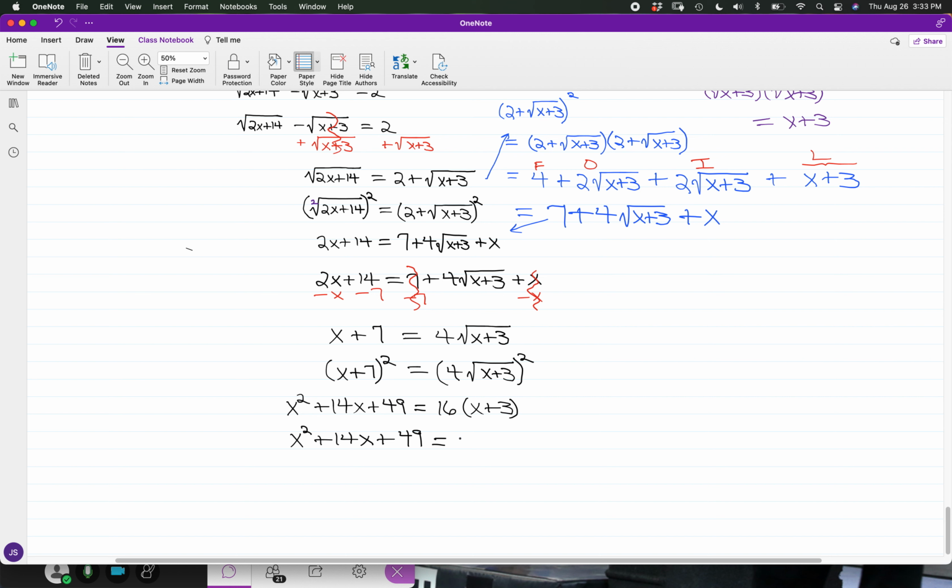So we got x squared plus 14x plus 49, and distributing 16 over the quantity of x plus 3, you have 16x plus 48. Now we've got a quadratic equation.